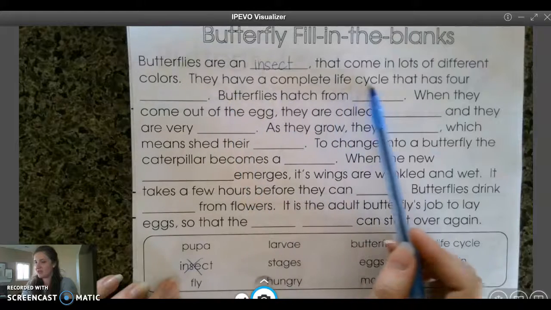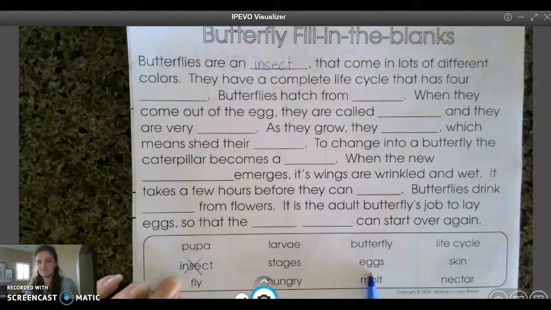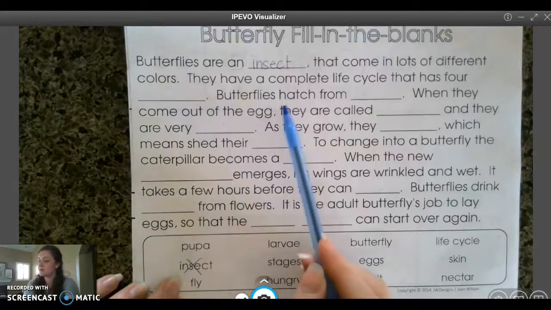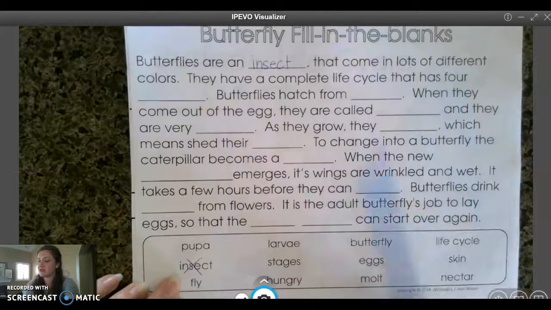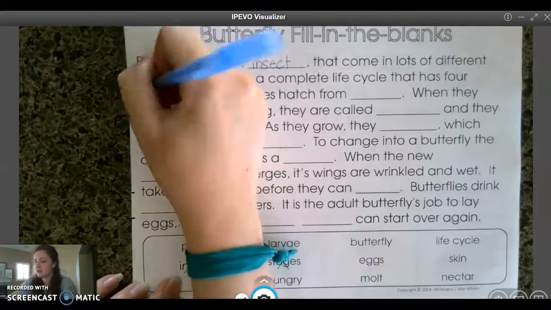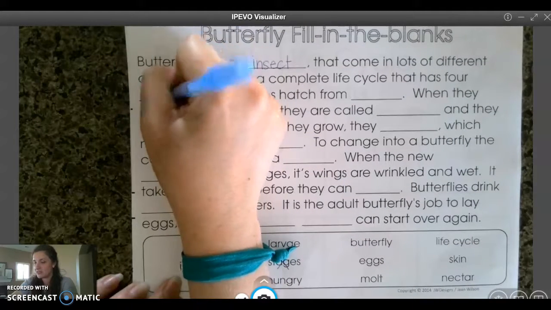They have a complete life cycle that has 4 eggs. Will one butterfly have 4 eggs to be part of its life cycle? Probably not for that one butterfly. It's only going to come from 1 egg, right? How about they have a complete life cycle that has 4 stages? Okay, that makes sense. So we're going to use stages here. 4 stages.